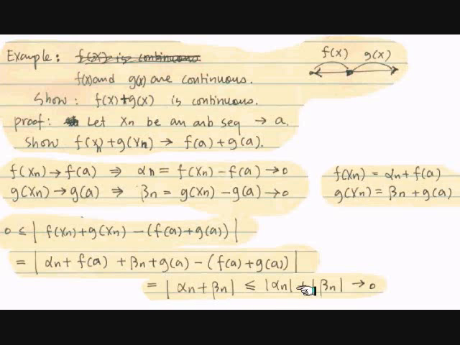But if I turn alpha n into a positive number and beta n into a positive number by putting an absolute value around each, then add them, it's going to be two positive numbers. If these were both positive numbers, it's going to be the same thing. If one of the numbers is negative and the other positive, you can see there's a cancellation, so the magnitude of the whole thing is getting smaller.